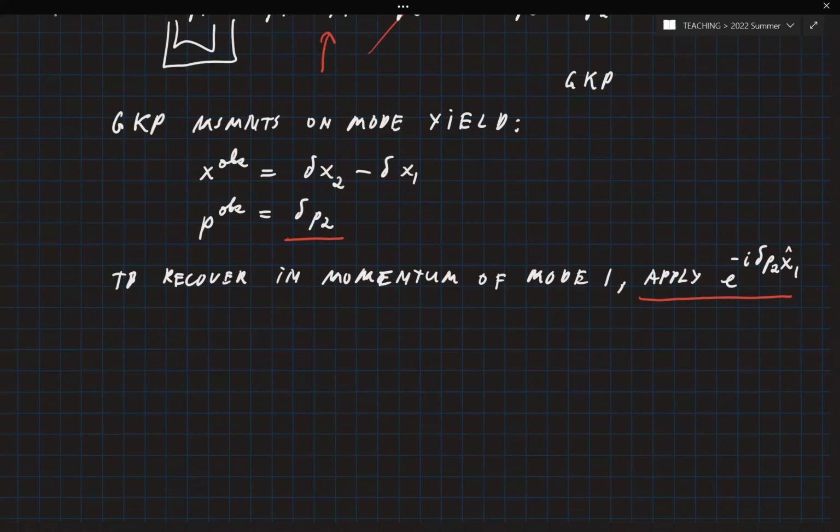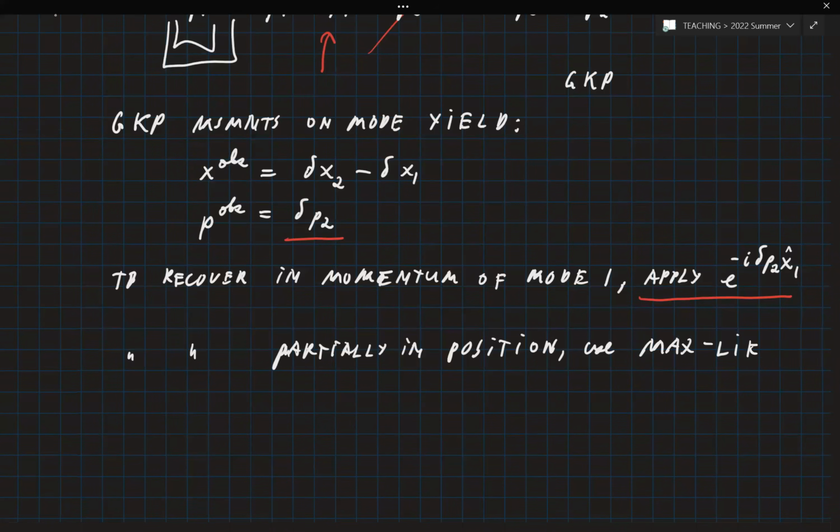To recover partially in position, we use maximum likelihood estimates of the position shift. We don't have the position shift exactly because we have both delta x2 and delta x1, and we don't know either one.